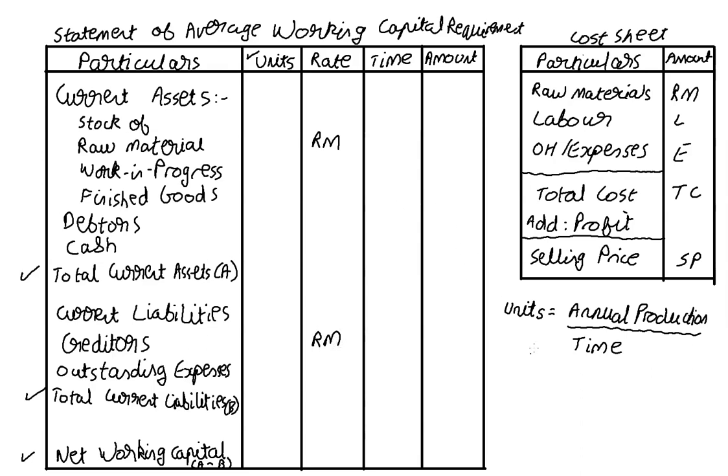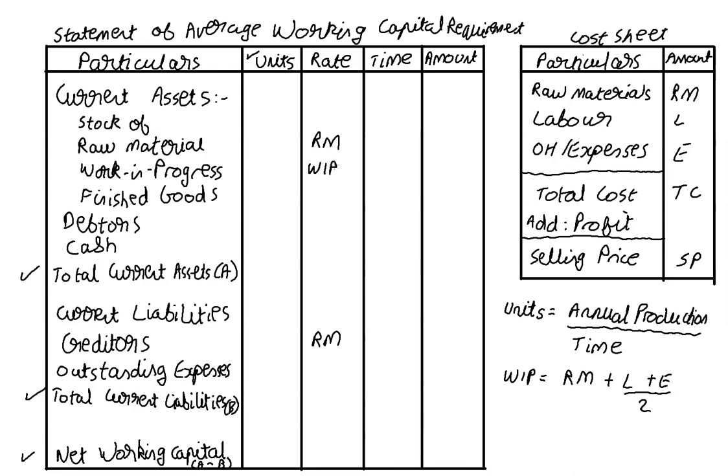As far as work in progress is concerned, we have a formula where we take the rate of raw material plus the rate of labor and expenses divided by 2. And the idea is that work in progress at any given point of time is 50% ready. So raw material going in, you have to put in the whole raw material, but the amount of labor and expenses incurred in making the finished product is only half, and therefore we stick to this formula.